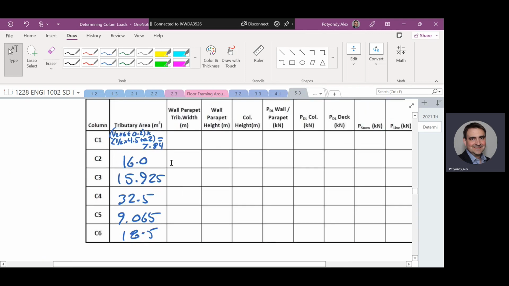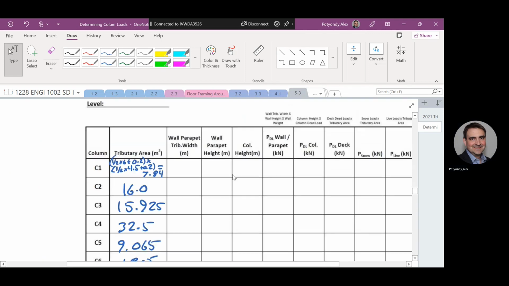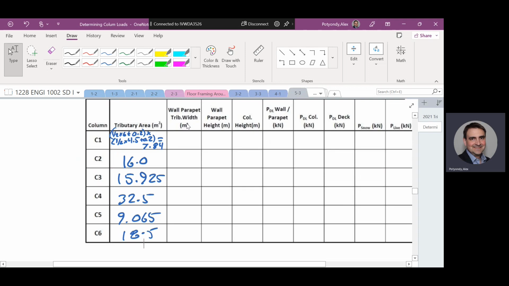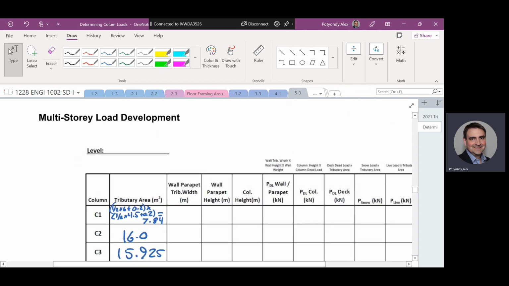Now, I've got to fill in some of these other items. The next one is the wall or parapet height.